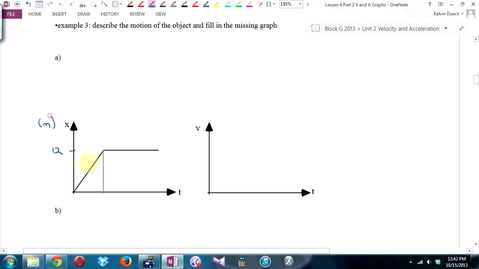This is in meters. Let's make a little note. This is in seconds. Let's say that this number right here is 4 seconds. And right here is 10 seconds.